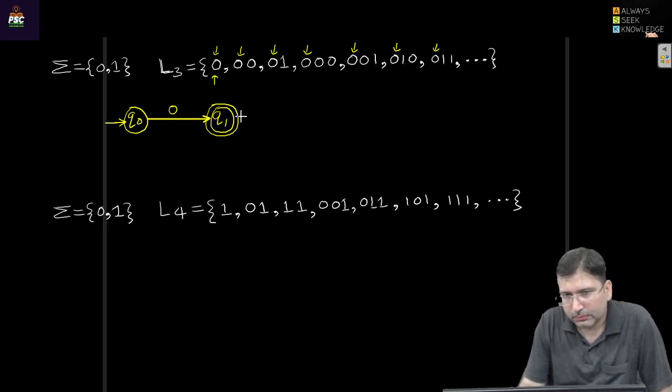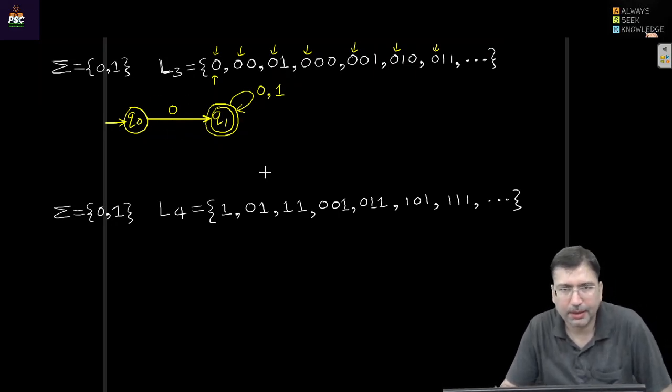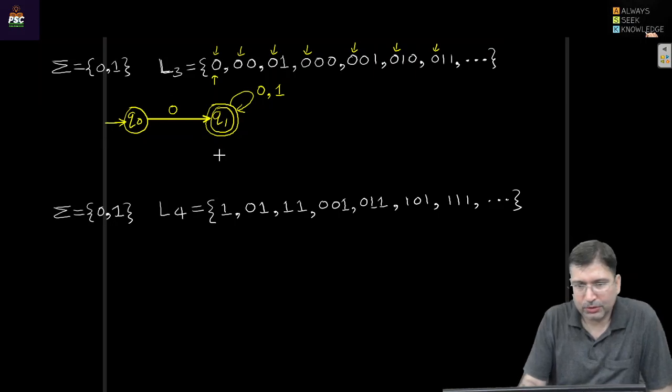Now for 2 length strings, 3 length strings in combinations of 0 and 1, because there is no count maintained, we can apply a loop here. So either 0 can come n number of times or 1 can come n number of times. Initially there has to be a 0 in the beginning. So this is the automata we can draw for this.